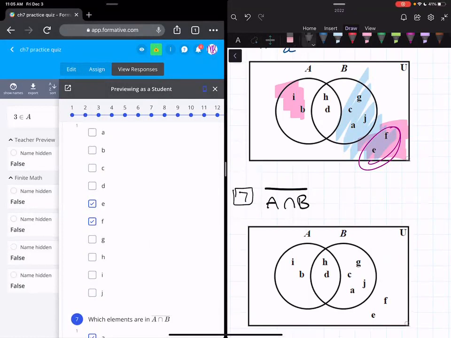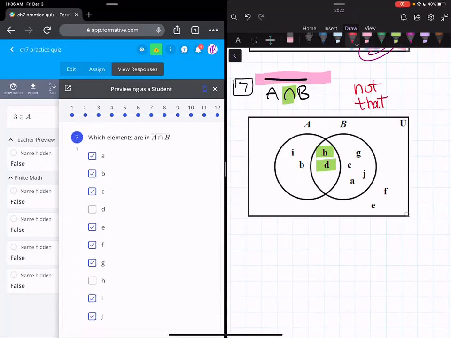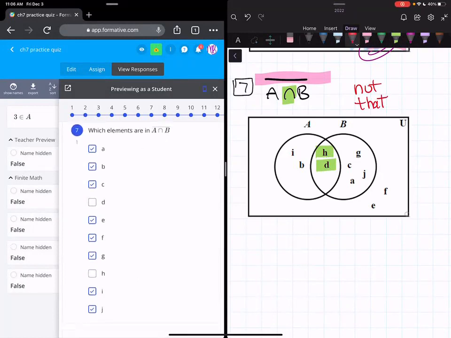Upside down B. So this time, the not is over the entire intersection. So first do the intersection, then do the not. Oh, okay. So the intersection is which things? H and D. So not that. So everything except for H and D.